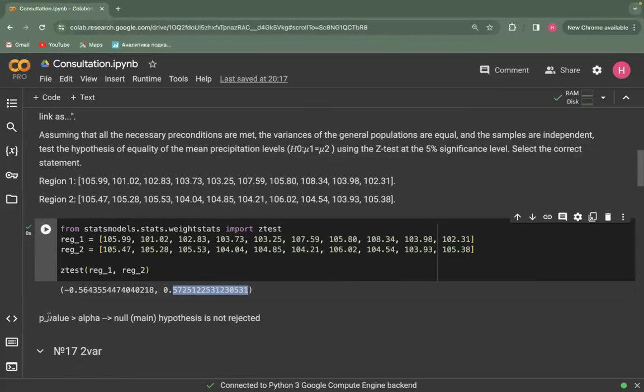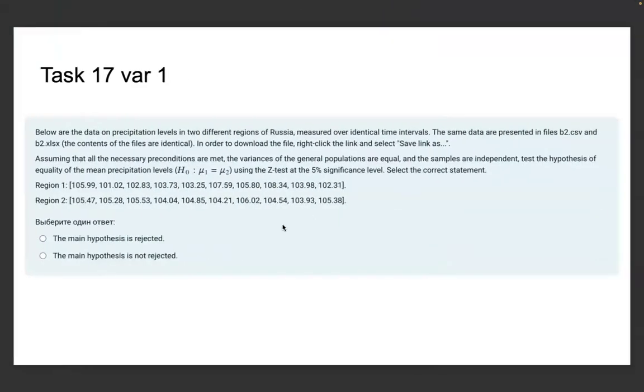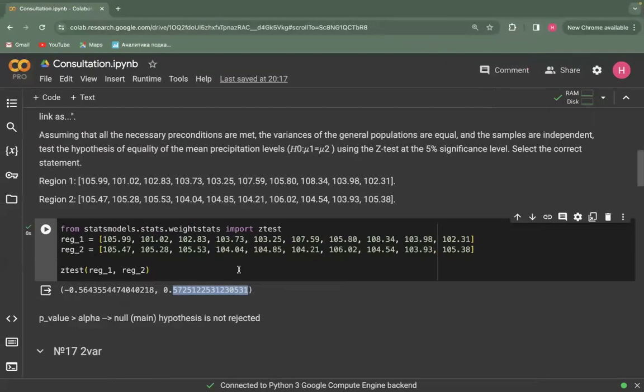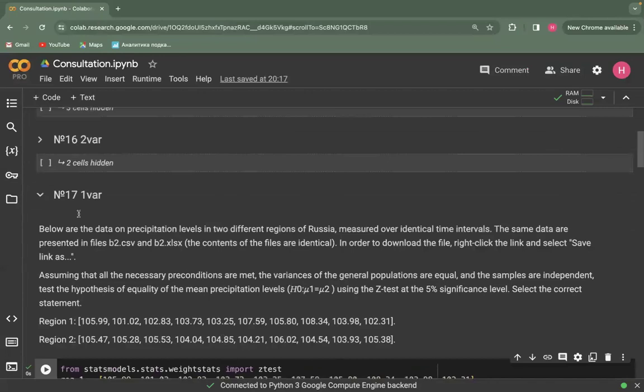If our p-value is more than our significance level, our hypothesis is not rejected, like we can see here. If we had, for example, 0.0001, which is much smaller than 5%, the hypothesis would be rejected.